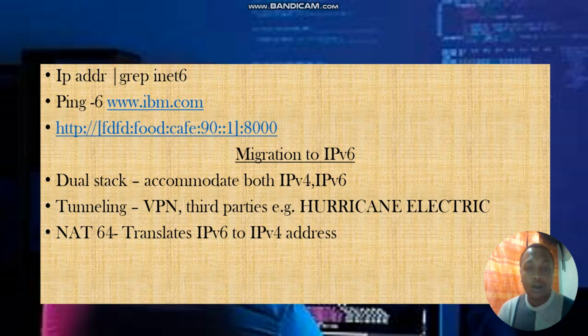Now when you're in a command line, you need to gather the information about IP version 6. This is the command that you need to enter: ip addr | grep inet6, and it's going to show the IP version 6 information of that specific address or that specific host.